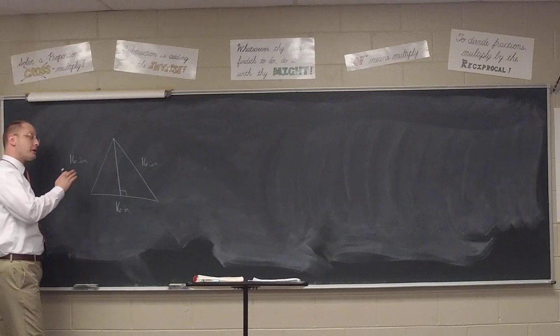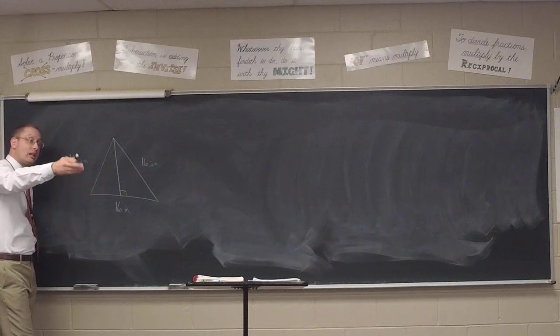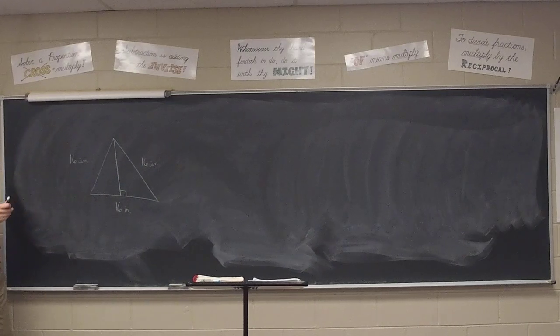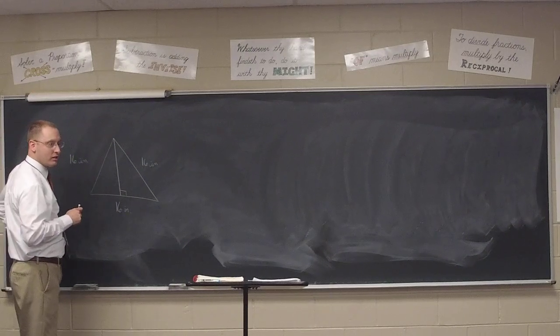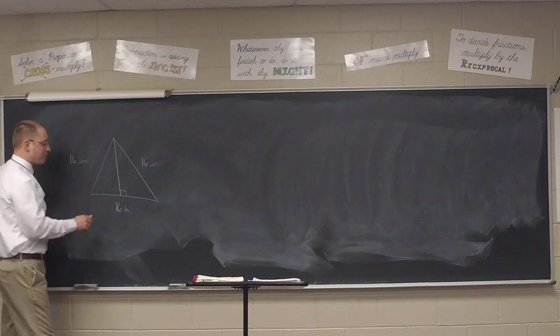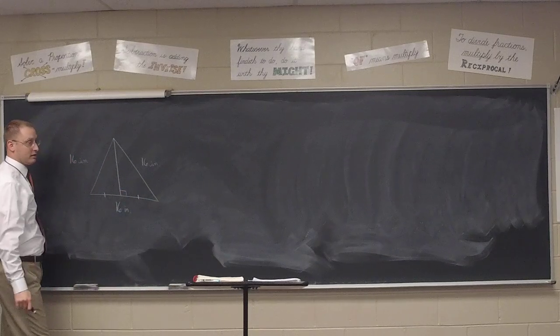This is an equilateral triangle, which means it's also isosceles, right? Because at least two sides equal, which means when I draw the altitude, Ethan, it bisects the base and bisects the vertex angle.